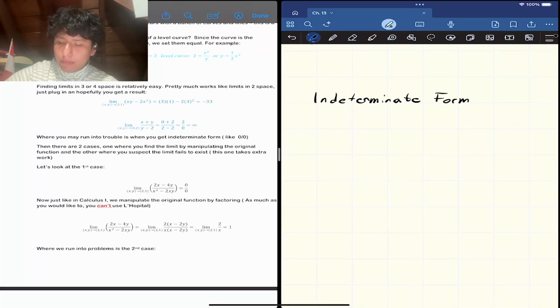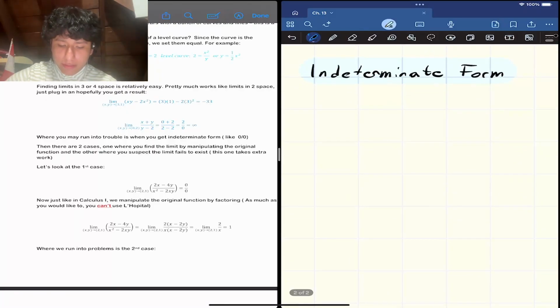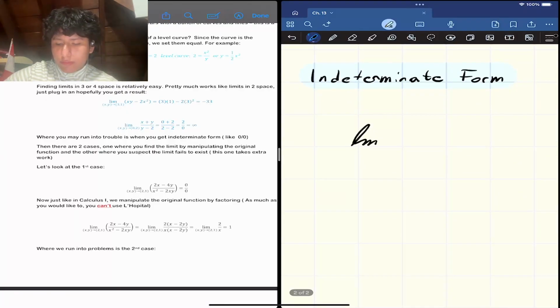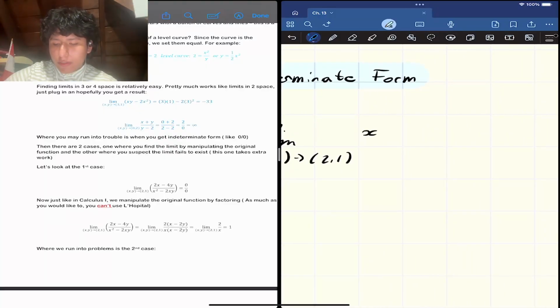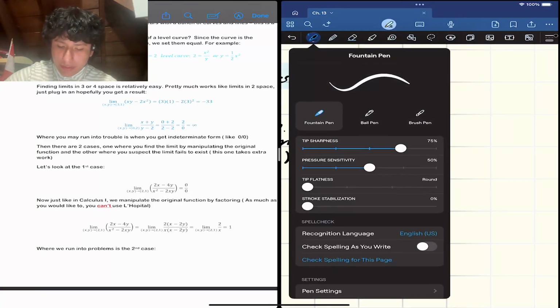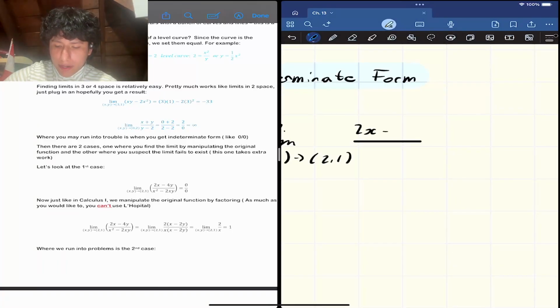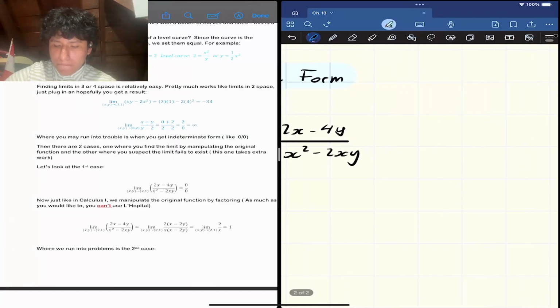So in this case, the limit of x comma y as it approaches 2 comma 1 of x plus y over... I'm drawing the wrong one, 2x minus 4y over x squared minus 2xy. When you plug that in, I'm going to trust them, you get 0 over 0.